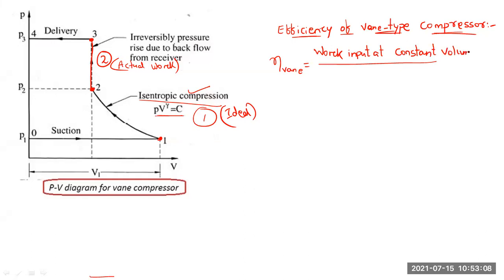Suppose this isentropic work is W1 and this 2 to 3 constant volume work is W2. Okay. So the efficiency of the van type compressor is work input at constant volume, which means W2, divided by total work input.